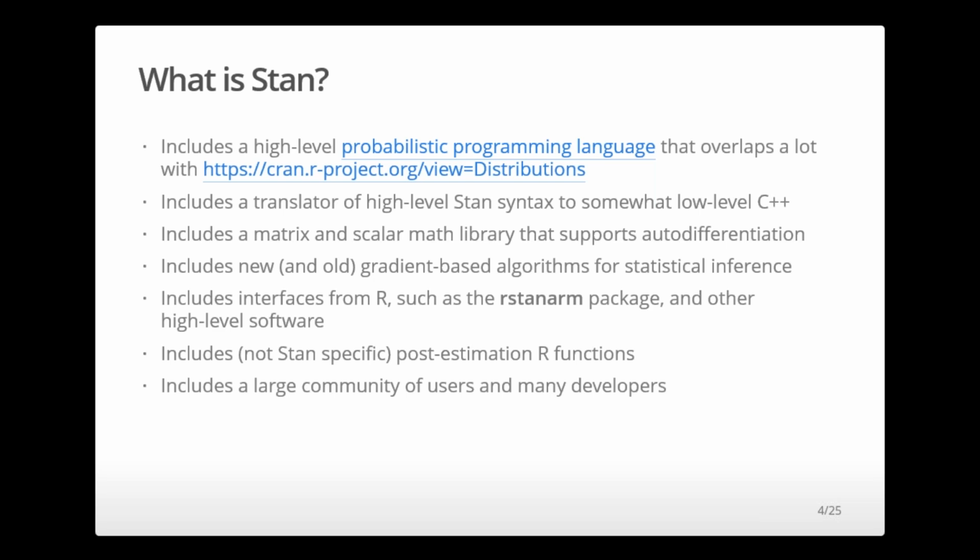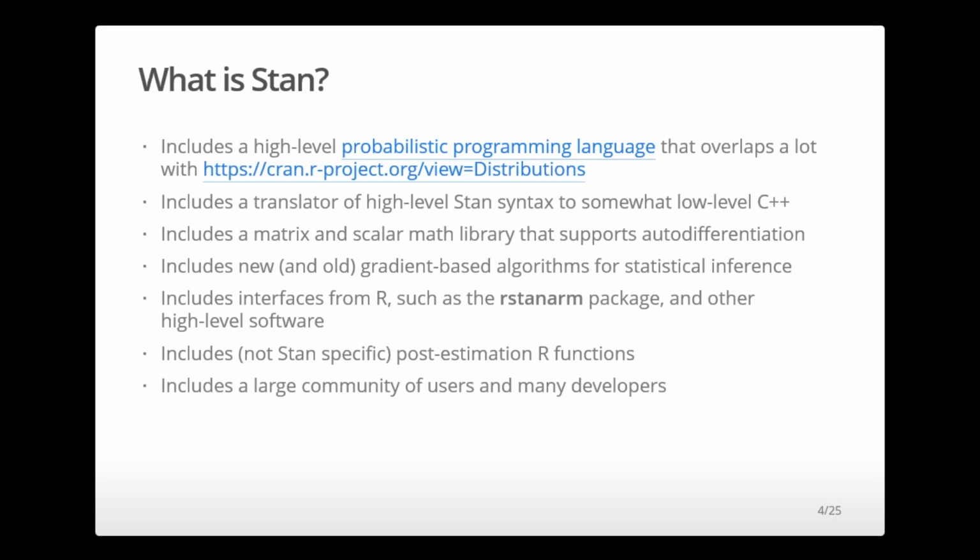And so Stan also includes new gradient-based algorithms. It also includes some older gradient-based algorithms as well, all of which are intended for statistical inference. Today, we're going to be focused on a new algorithm that facilitates Bayesian inference, but you can also use Stan for some non-Bayesian statistical tasks.